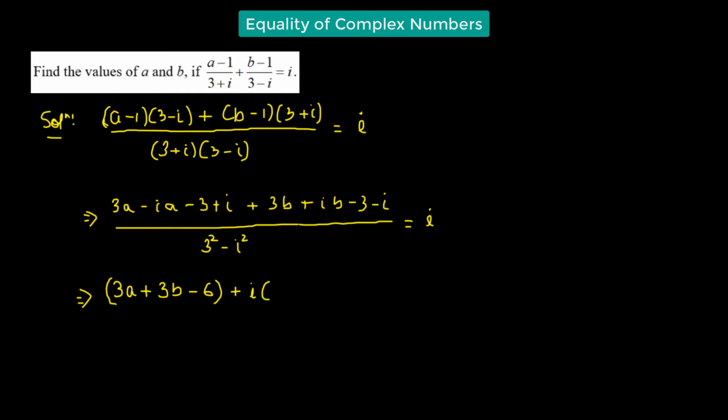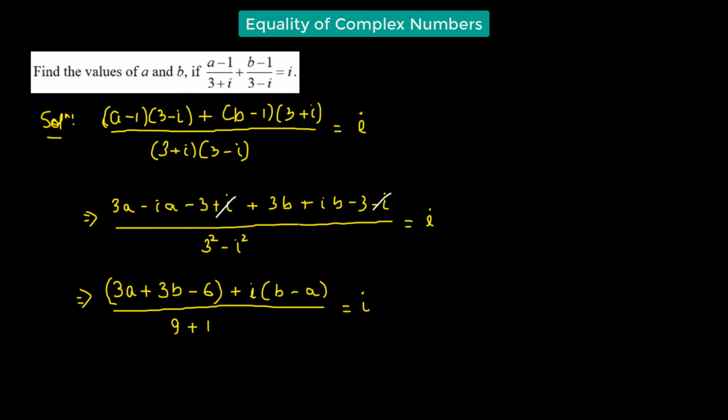Then we have one positive i and negative i, so that is going to cancel out each other, and we have b minus a. This will be divided by 3 squared, which is 9, plus 1, equal to i.